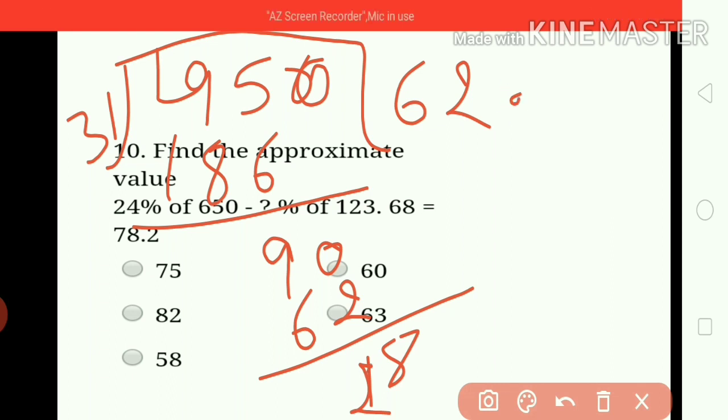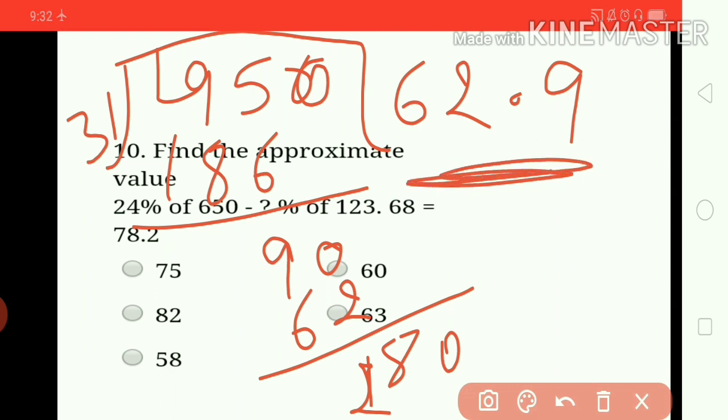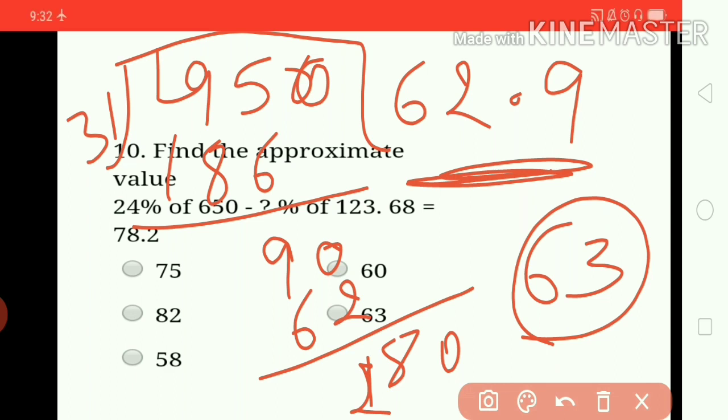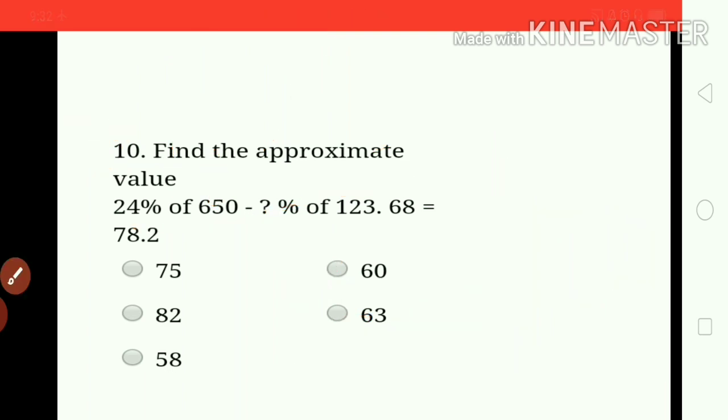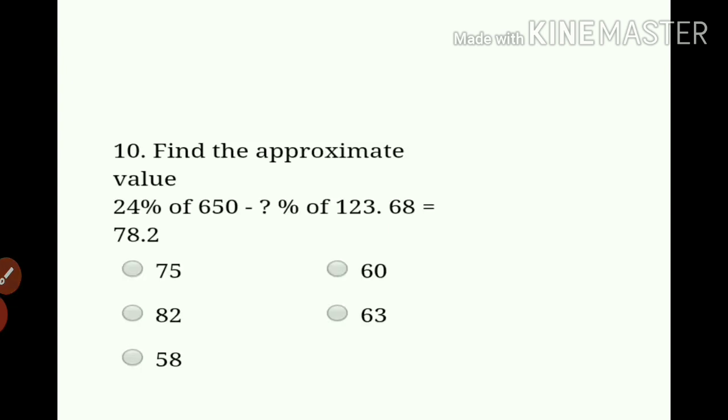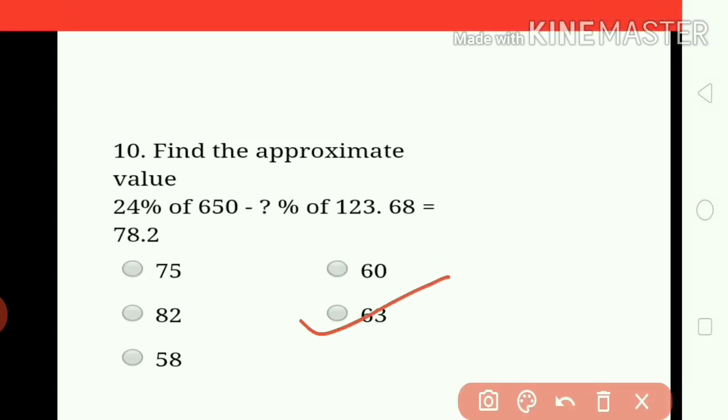So after putting decimal you can proceed a 0 here, so it goes on 9. Okay, it goes on 9, and approximate value is 63, because when you do rounding off here, this is 62.9, that is greater than 62.5, so the solution is 63. So let me check which is showing you 63 as the solution, is this option, right?